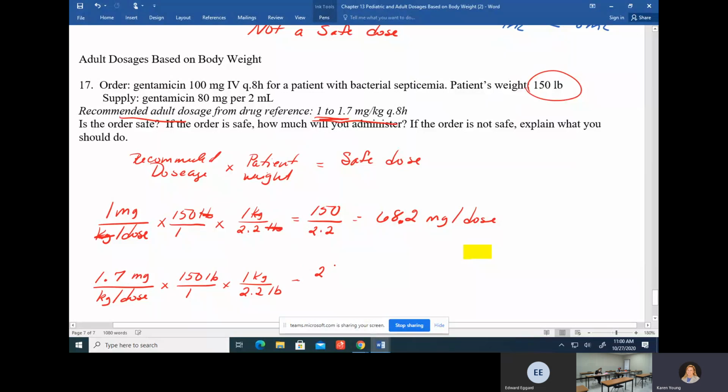I get 255 over the 2.2 because it's the only number on the bottom. And I'm going to get 115.9 milligrams per dose.